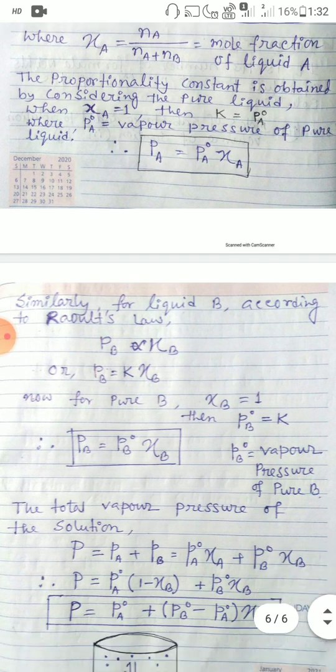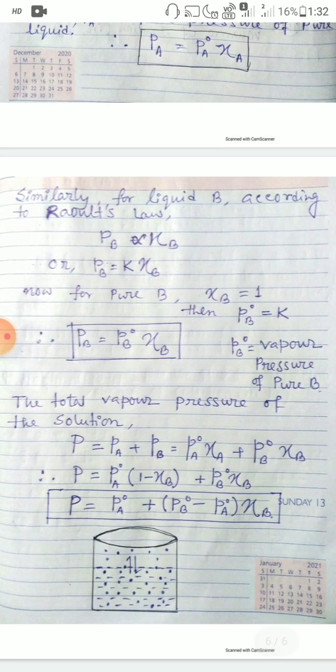Similarly, for liquid B, according to Raoult's law, you can write the partial pressure of B, that is Pb, directly proportional to its mole fraction in the liquid, Xb. That is, Pb is directly proportional to Xb, then Pb is equal to some constant into Xb.